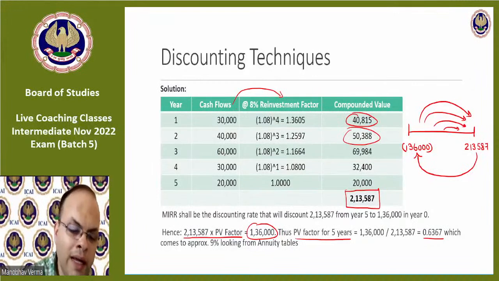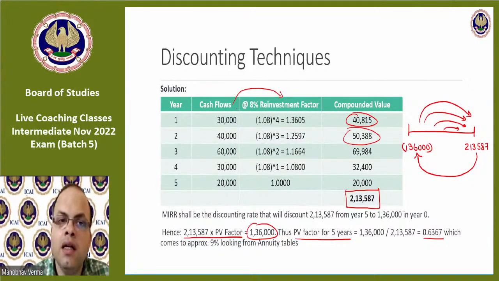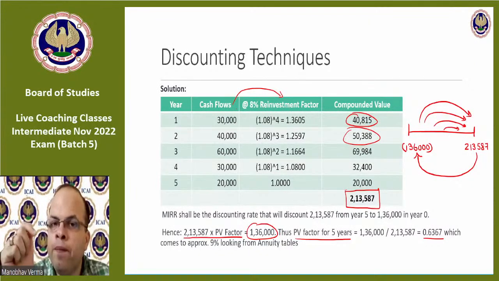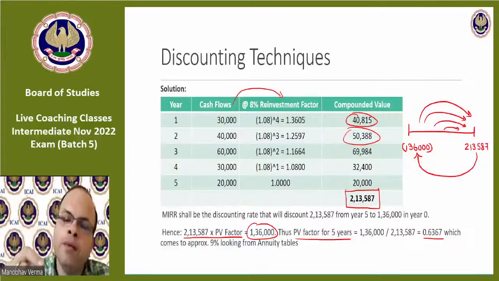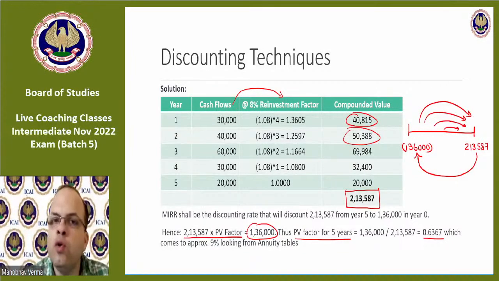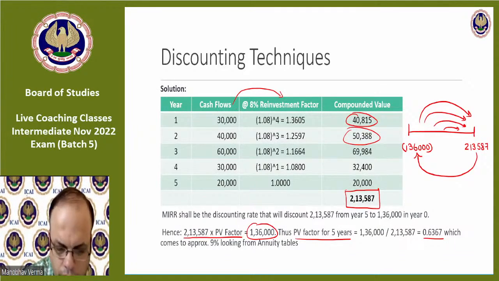Guys, do you agree that if there were multiple outflows here, the issue is resolved, because we have compounded all the values to the end and then we are comparing one value to the initial investment, yes or no? What do you think, guys? This will probably resolve that issue. So let's see your responses.